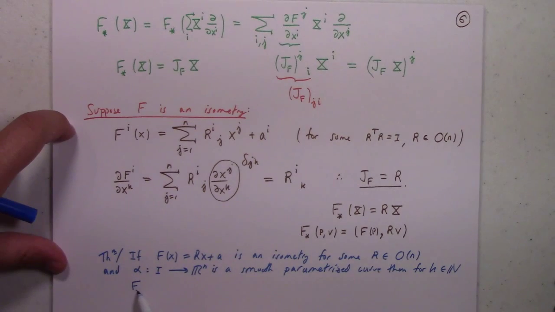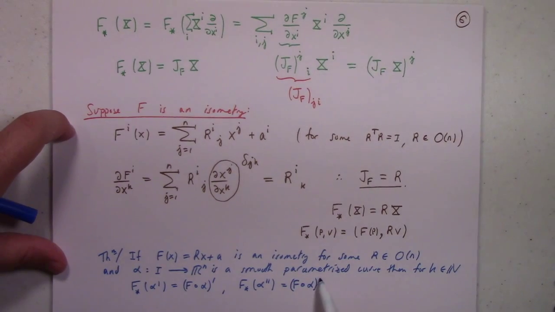The push forward of the velocity is the velocity of the transformed curve. The push forward of the acceleration is the acceleration of the transformed curve, and so forth. The push forward of the kth derivative is the kth derivative of the transformed curve.